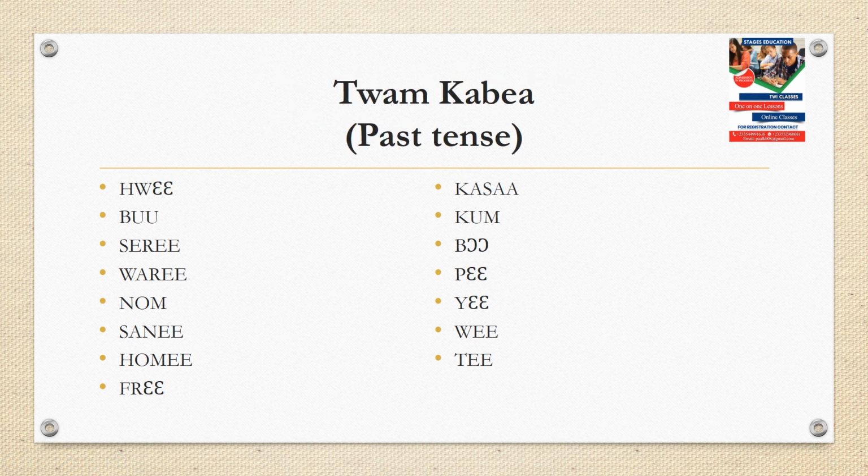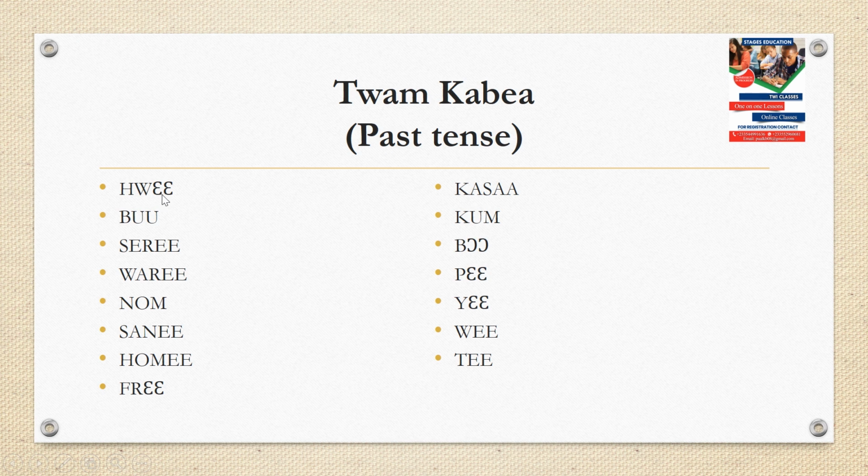So in Twi, how do we go about it? I see the Twi version of transferring present tense into past tense to be one of the easiest ways, because you would get similar things throughout.